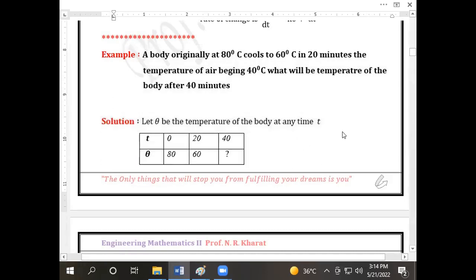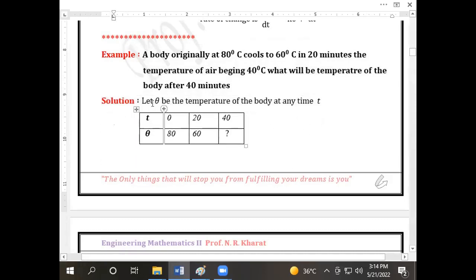So we assume the temperature of the body at any time t is theta. According to the conditions in this example, initially the temperature is 80 degrees Celsius, which means at t equal to 0, the temperature of the body is 80 degrees Celsius.